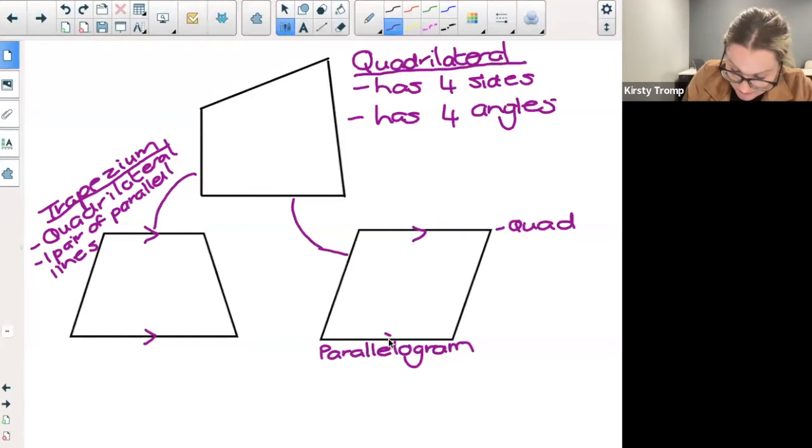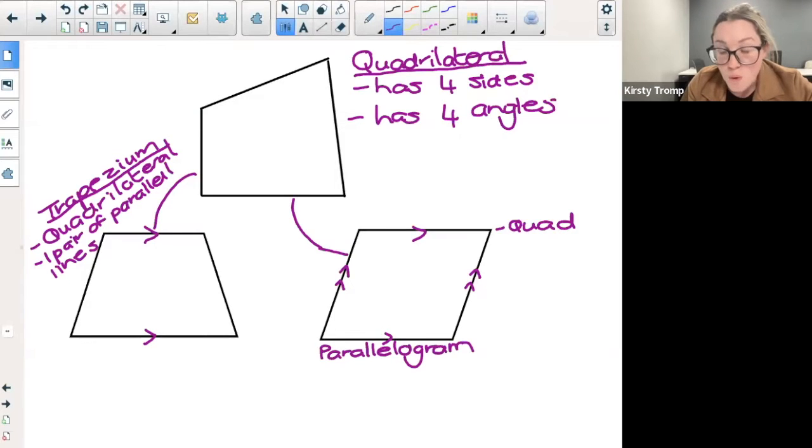So it's in the name. Those 2 sides are parallel. But now we must also show that the other 2 sides are parallel. So we've used 1 arrow on those sides, which means on these sides over here, I'm going to use 2 arrows.